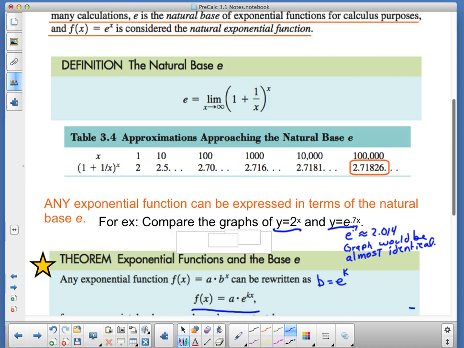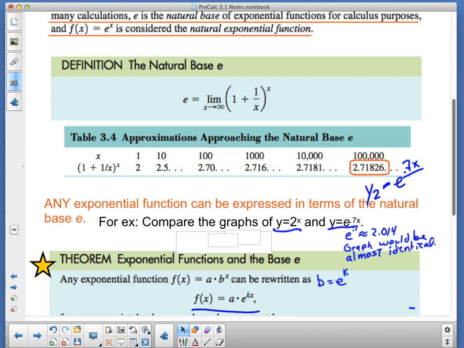So if you take your graph right now, instead of just e to the x power, make your y2 e to the 0.7x power. That's going to help approximate, since e to the 0.7 power is almost 2. It's 2.014, so that graph would be nearly identical, within 14 thousandths.